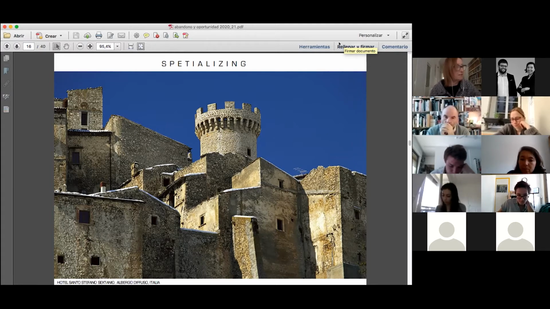The Sextantio Hotel is in fact an entire 16th century village. Rather than a simple building in the Abruzzi mountain village of Santo Stefano di Sessanio, this hotel integrates 29 contemporary hotel rooms into the village, distributing them among several houses and buildings.